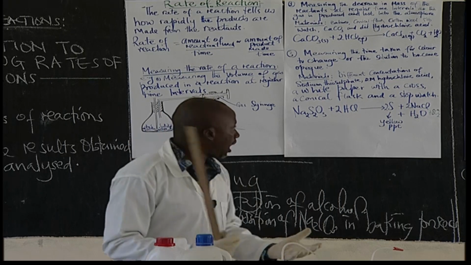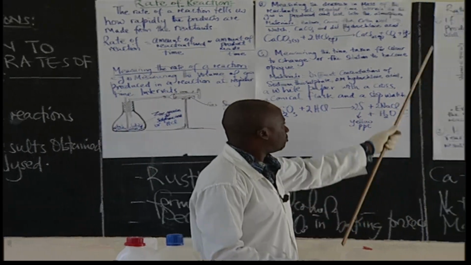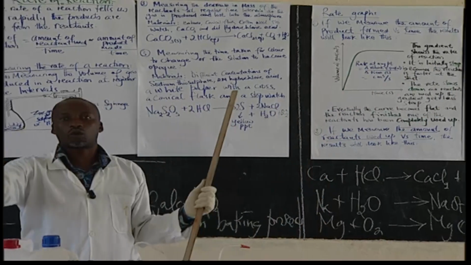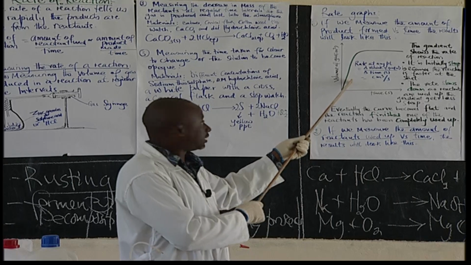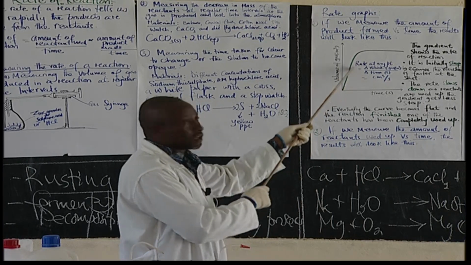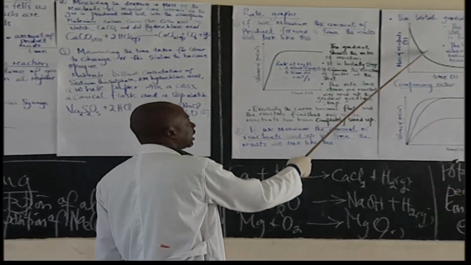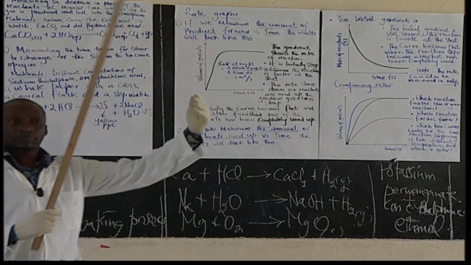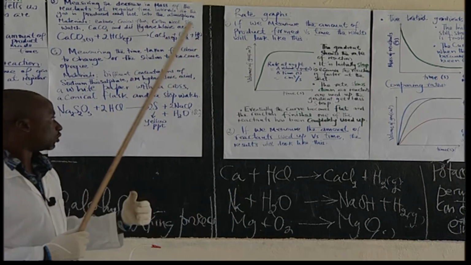Now, we said that the data can be analyzed using the graphical method. Here we are measuring the volume of the gas produced, and here we are measuring the mass of the reactant that is used up.